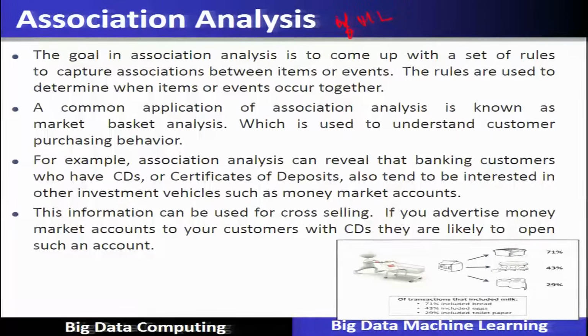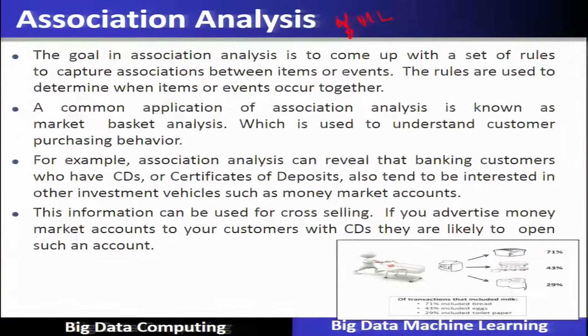A common application of association analysis is known as market basket analysis, which is used to understand customer purchasing behavior. For example, association analysis can reveal that banking customers who have CDs, certificates of deposit, also tend to be interested in other investment instruments such as money market accounts and so on.